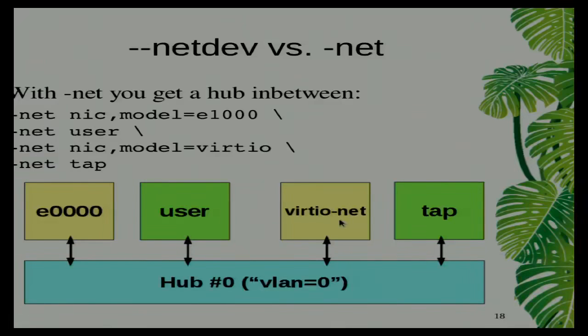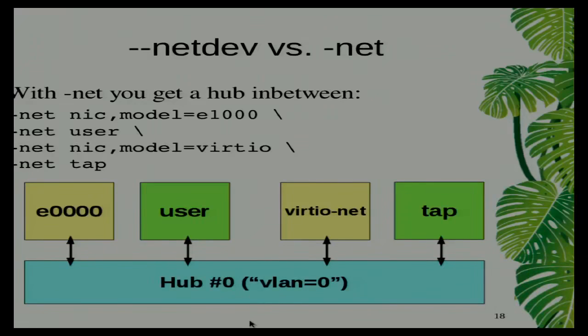And of course, it's somehow working because people normally do not look very close at the traffic, but it's not what you really want normally, unless you really want to sniff the network traffic on one interface to see what's happening on the other interface. So, if you really want to use -net, you have to use the VLAN equals number parameter, or try to avoid it and use -netdev immediately. Yes, there's a question?